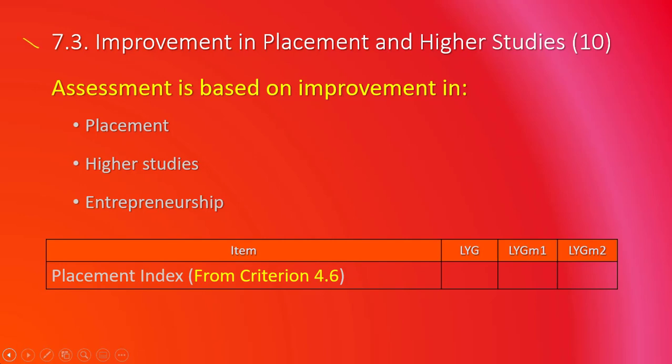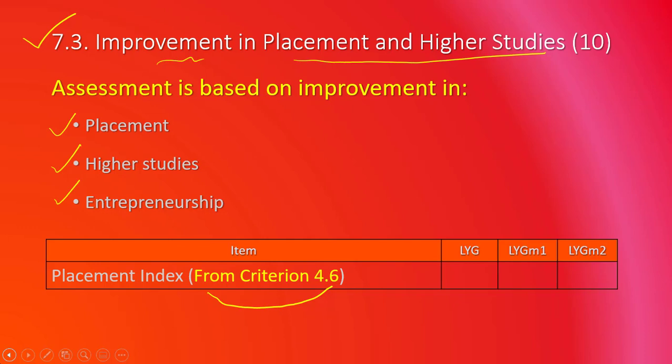Under 7.3, it deals with improvement in placement and higher studies. This is also done under criterion 4.6, and this is regarding placement, higher studies and entrepreneurship. So the same data will be reproduced here.